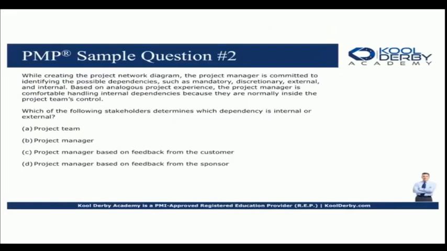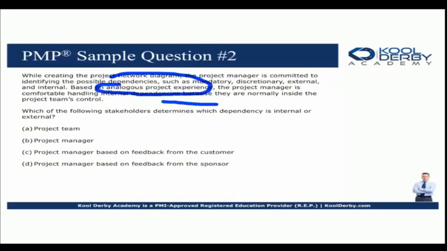All right, while creating the project network diagram, the project manager is committed to identifying the possible dependencies, such as mandatory, discretionary, external, and internal, based on analogous project experience, okay, keyword. The project manager is comfortable handling internal dependencies because they are normally inside the project team's control.